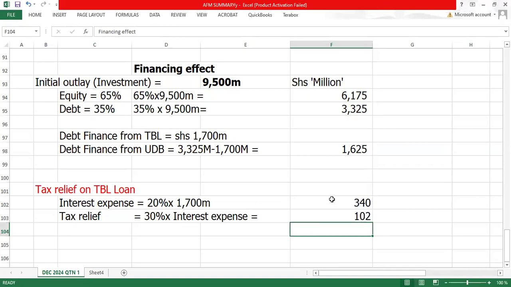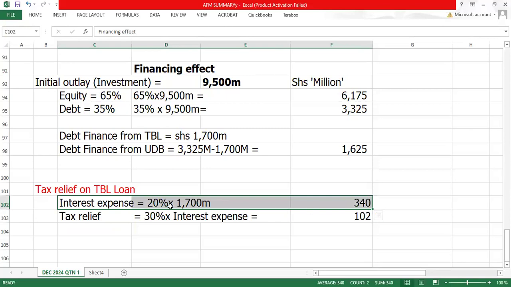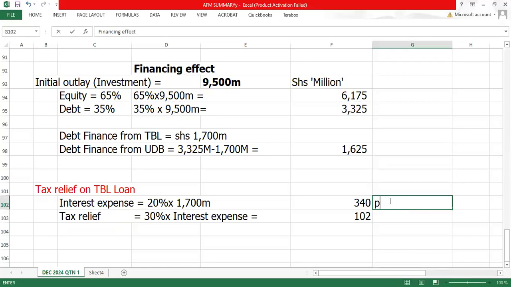On this tax relief, I want to get a PV, so I need the annuity. Now, remember, this interest is for every year. This is per annum.